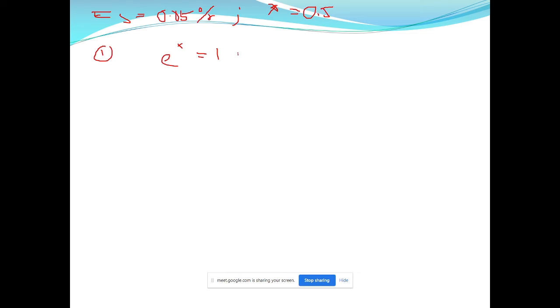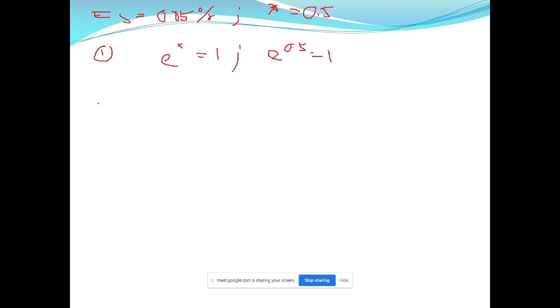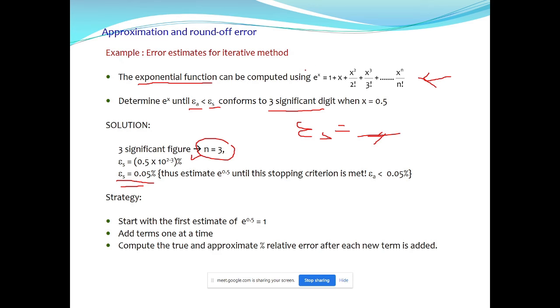Okey, so maknanya E^0.5, 1. Okey, masukkan terus saja dalam equation. So ini yang first. Yang kedua, kita ambil ini.